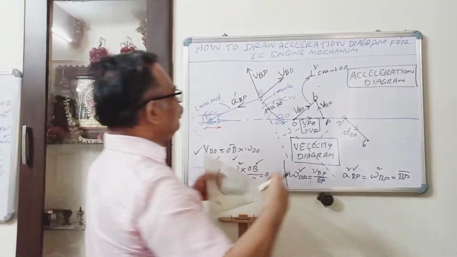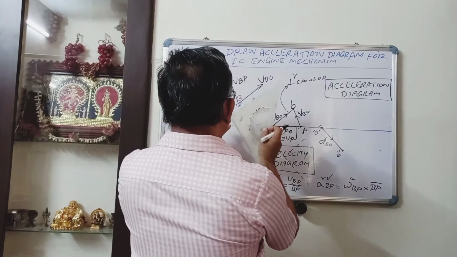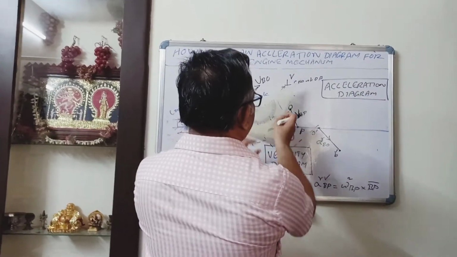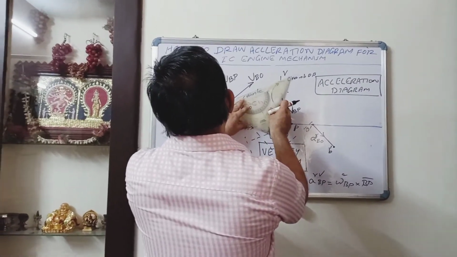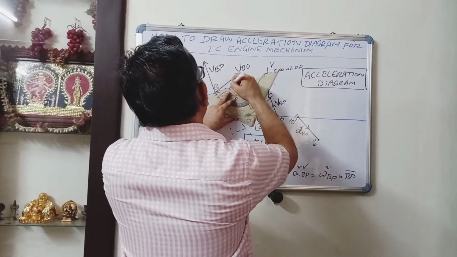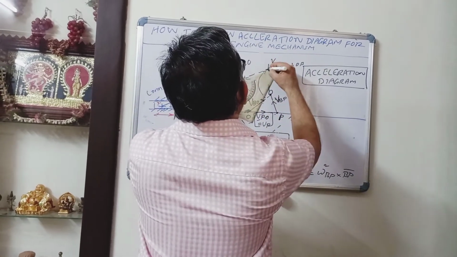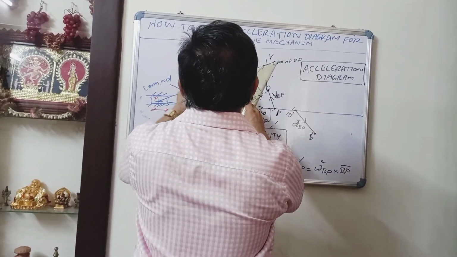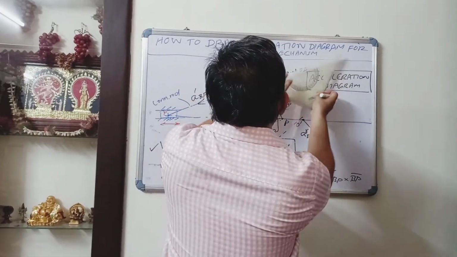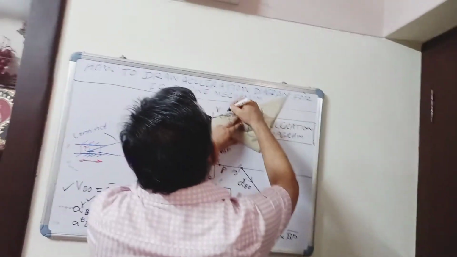So what you do is simply extend it like this along the length of the connecting rod, right? We'll still extend it, so that the line has to be brought here, right?